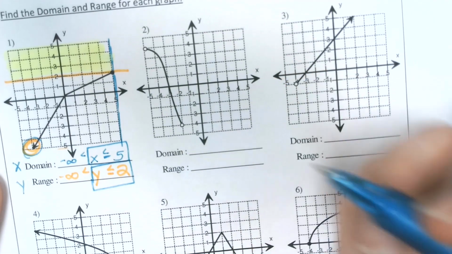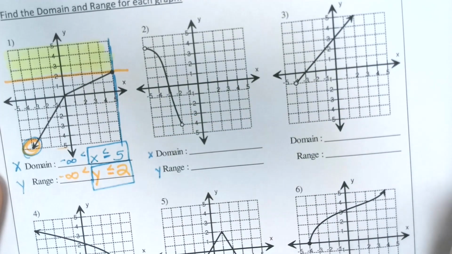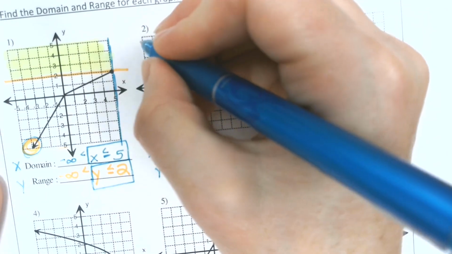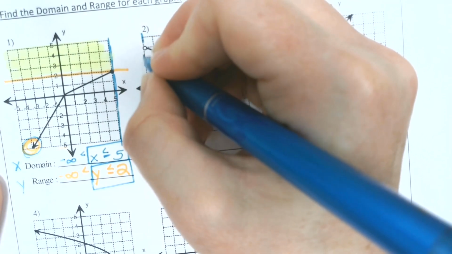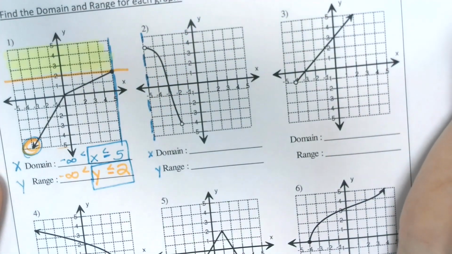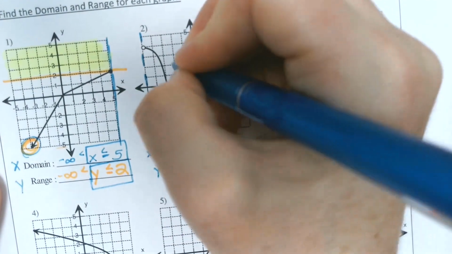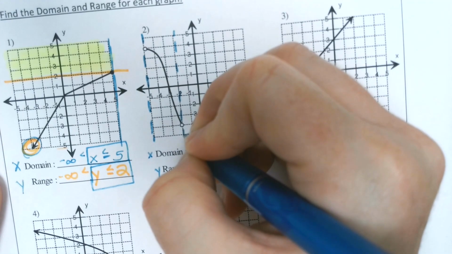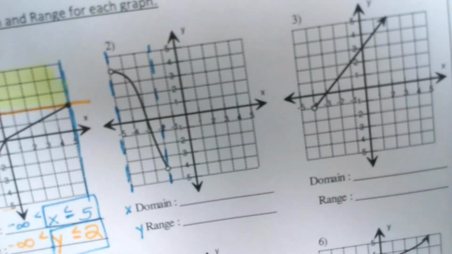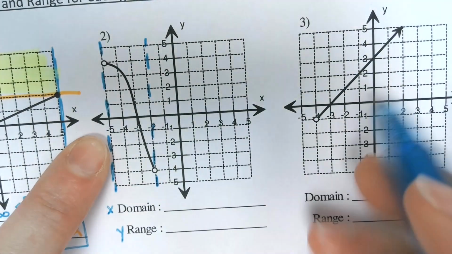Okay, the next one, don't forget x is domain, y is range. Domain is left to right. So the left side, we're going to put a dotted line. The right side, we're going to put a dotted line. So we look at the numbers on the x-axis.